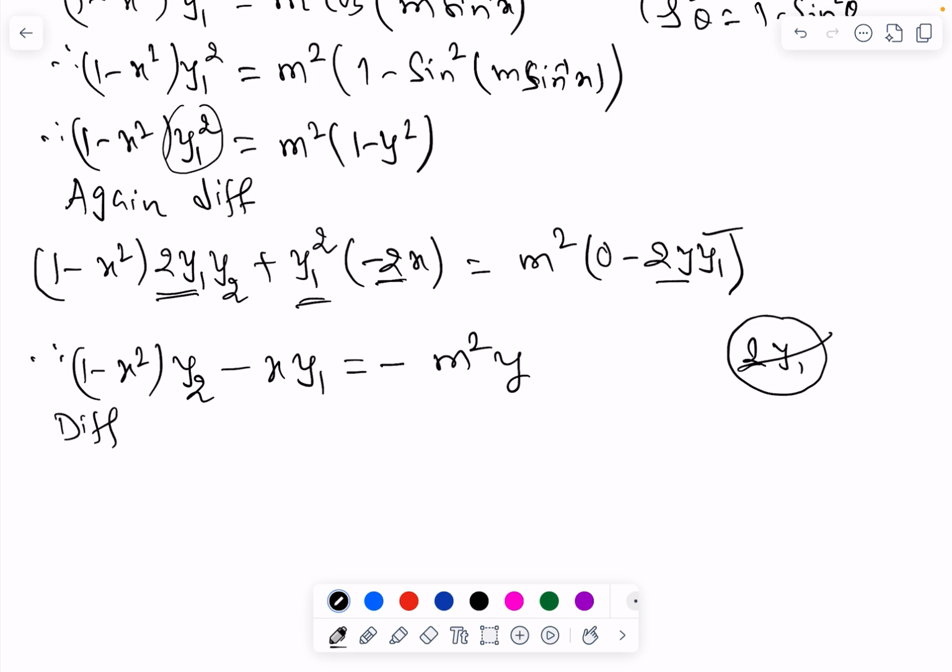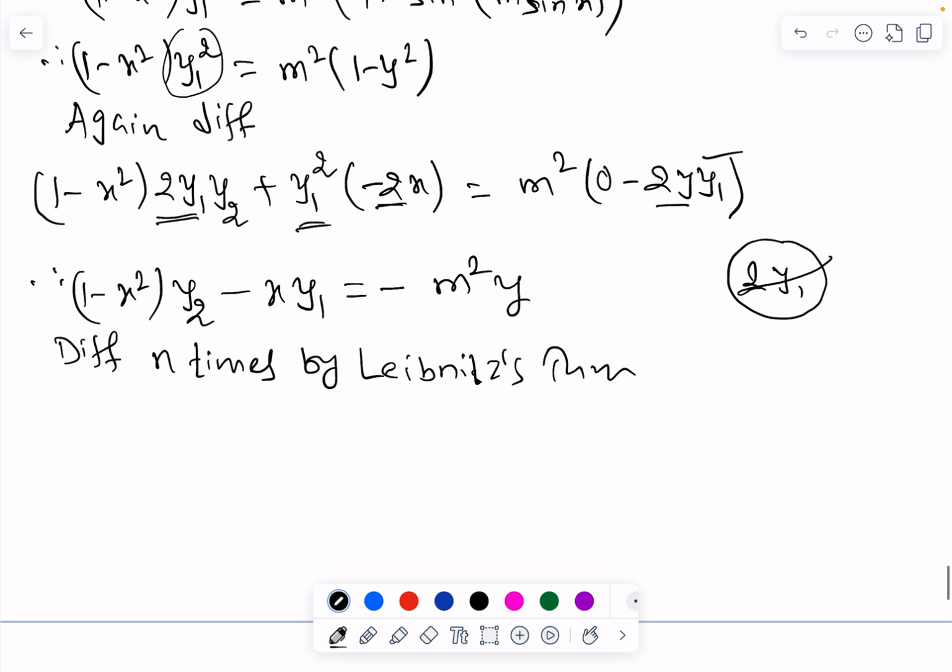So now we can have the nth derivative. So differentiate n times by Leibniz theorem. So now here two terms. Let us take the derivative n times of this term. This we can consider as u, this we can consider as v.